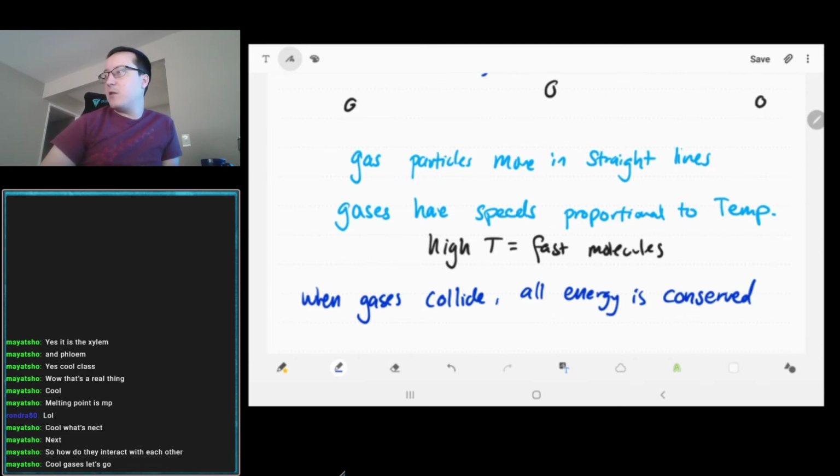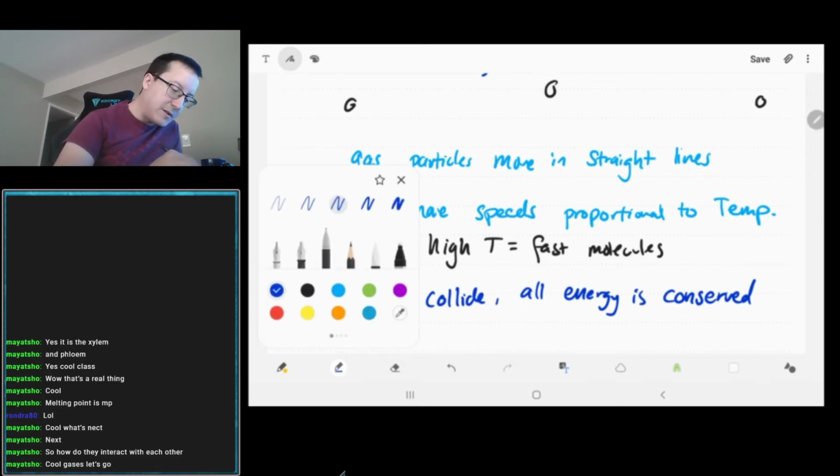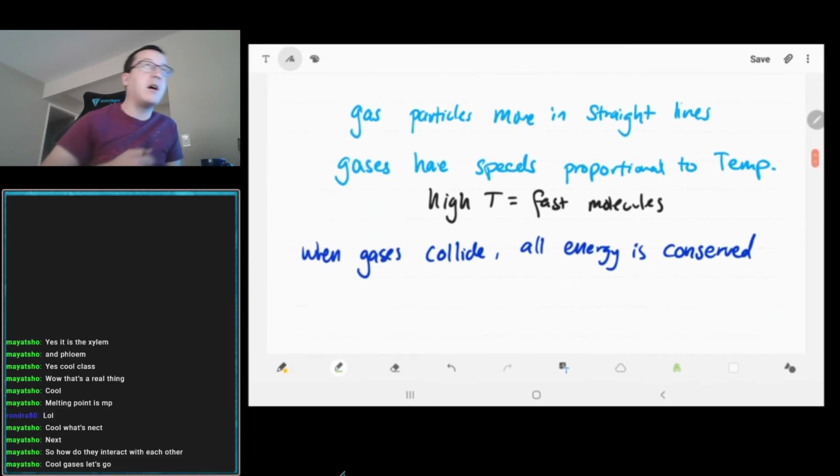But if gas molecules collide together, they don't lose energy as heat. That's what we're saying. So when they collide, they just bounce off each other, and off they go. So they don't produce heat when they collide. This is probably something that's not quite true, but it is an assumption that we need in order to make our calculations work.